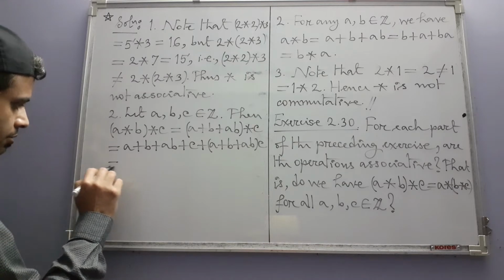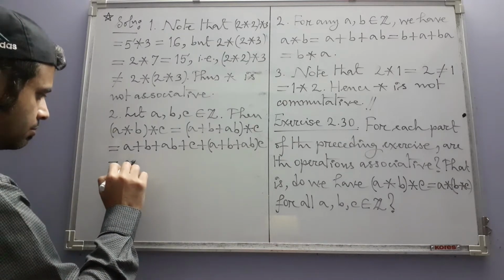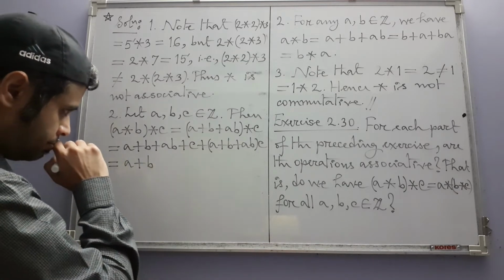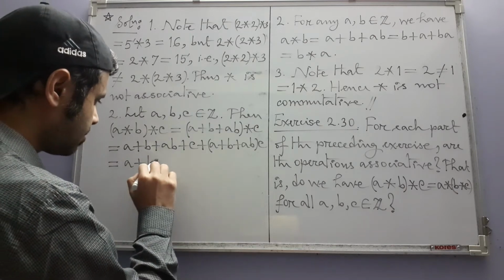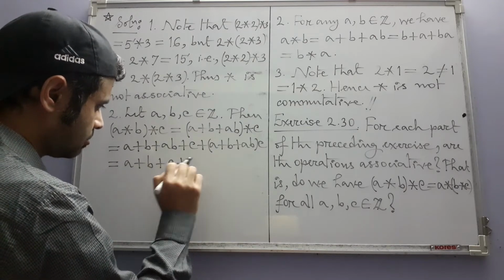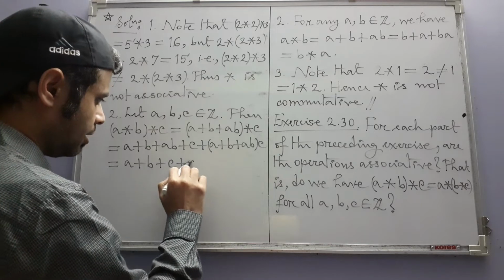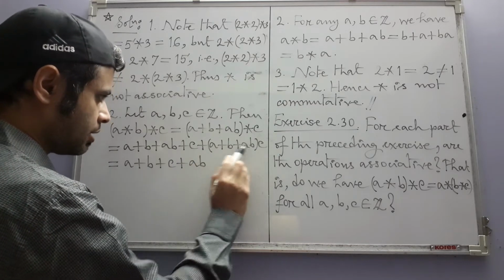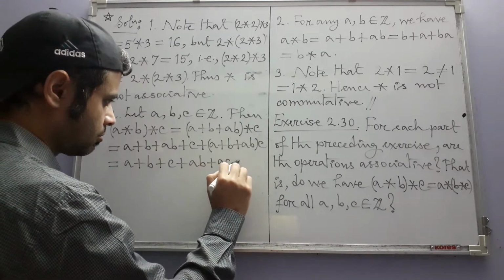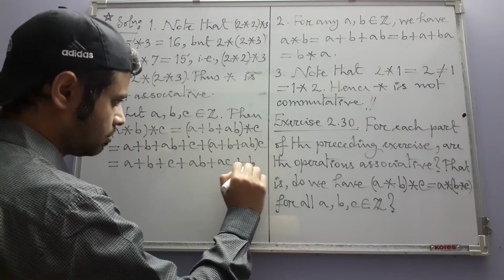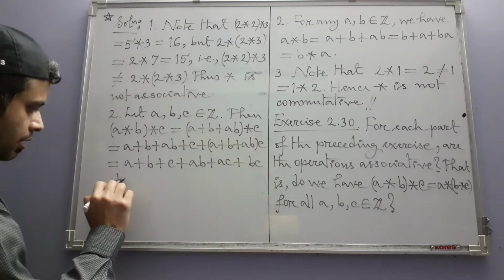So that gives us a plus b plus c plus ab plus ac plus bc plus abc.